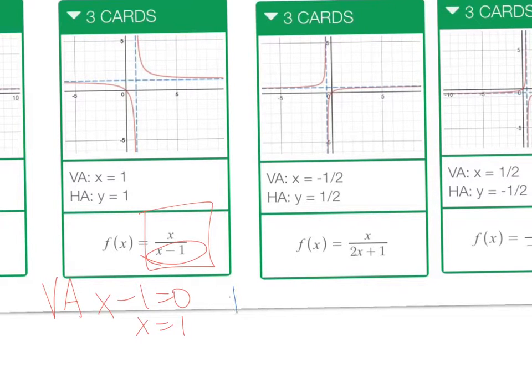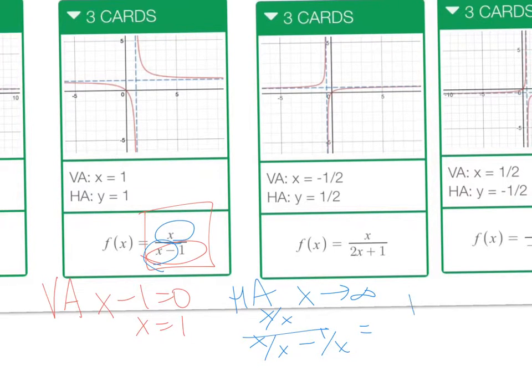Now, in order to do the horizontal asymptote for this one, we need to consider what happens as x gets very, very large. And when we see that as x gets very, very large, this goes to infinity, as does this. And so that's not very helpful. So what I'm going to do instead is divide every single term by x.